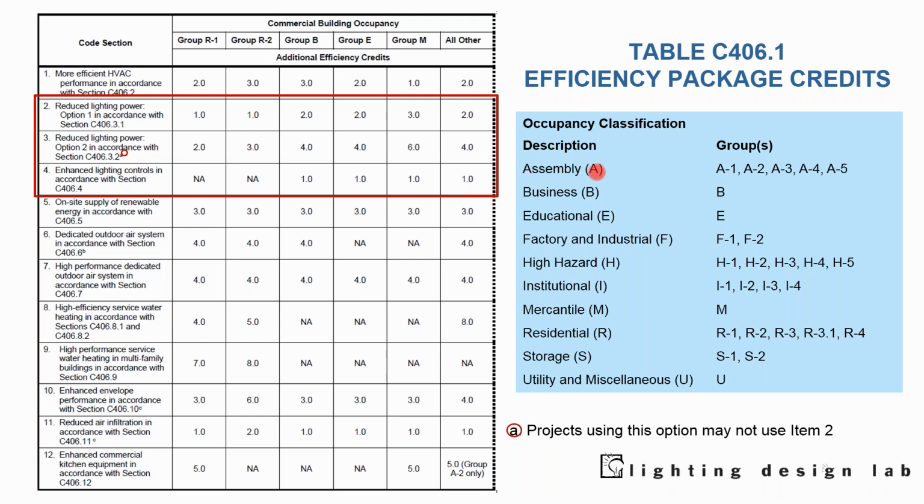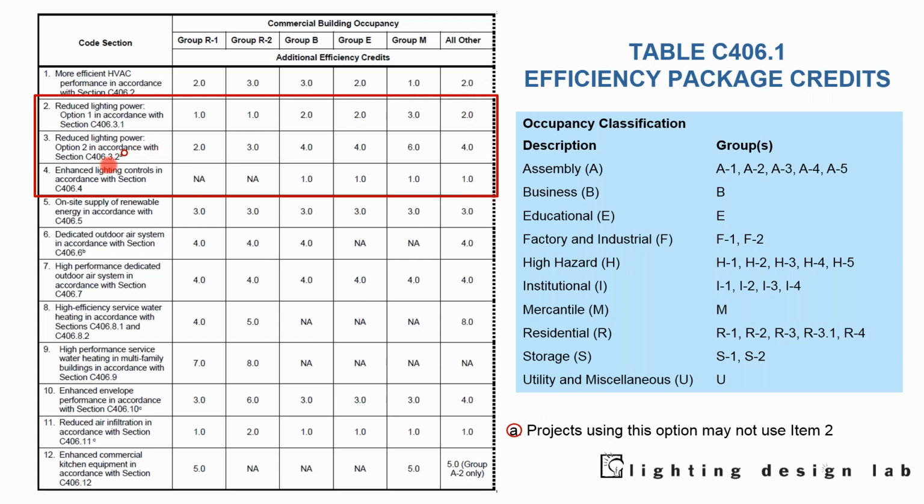Astonishingly, the group letter aligns with its use: A for assembly, B for business, E for education, M for mercantile. I think it's kind of old style, I think they might call it retail. And R for residential, S for storage, etc.